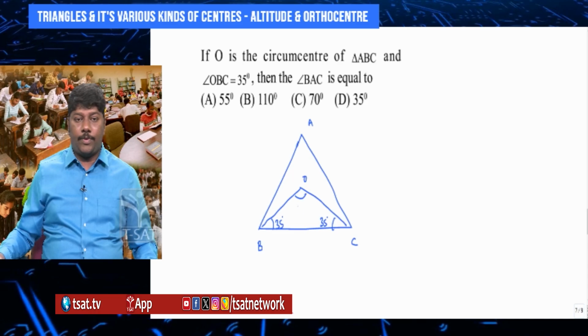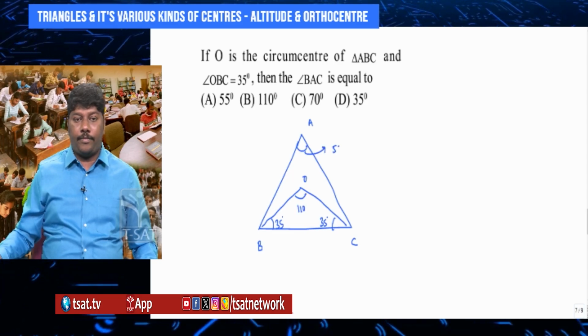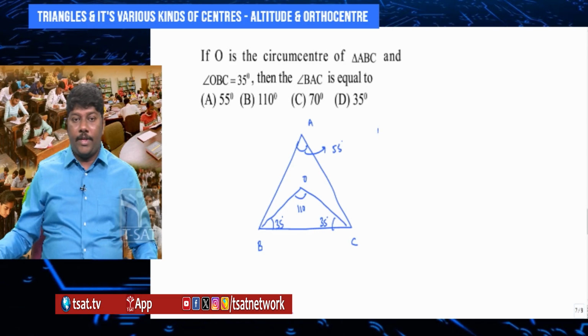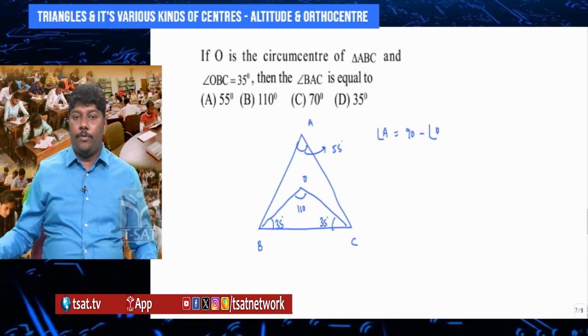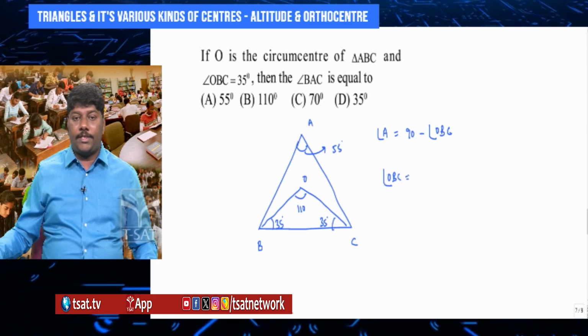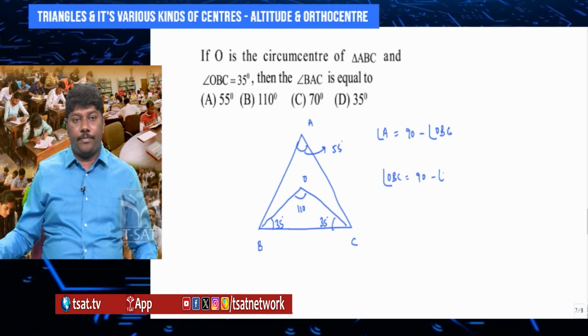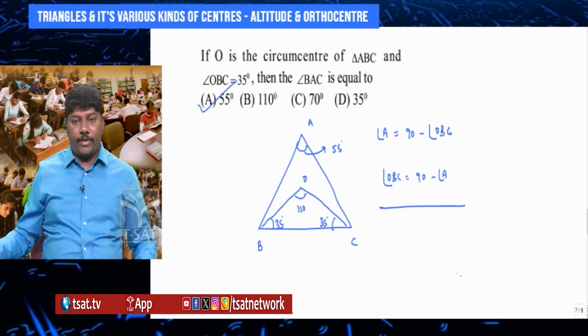Therefore, 70 means the angle at O is 110, and this becomes 55. Or else you can say angle A is equal to 90 minus angle OBC, or angle OBC is equal to 90 minus angle A, vice versa. If it is 35, the rest of the angle is 55. Just now we have derived it.